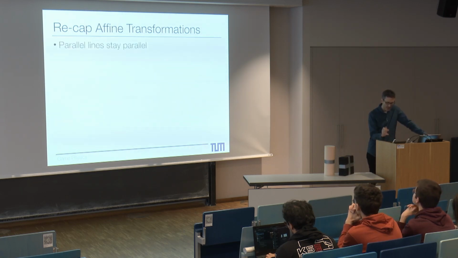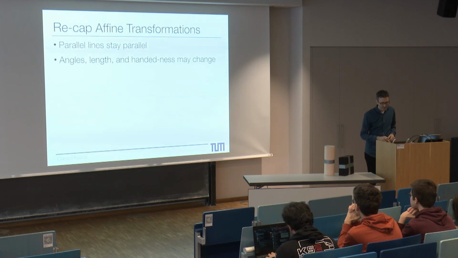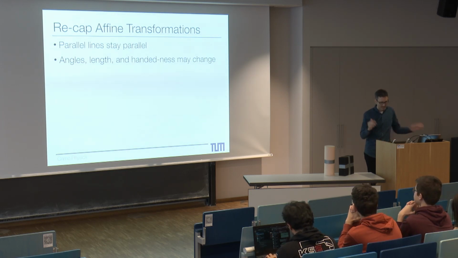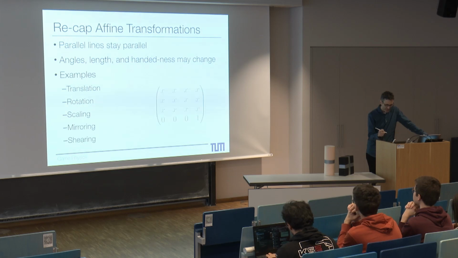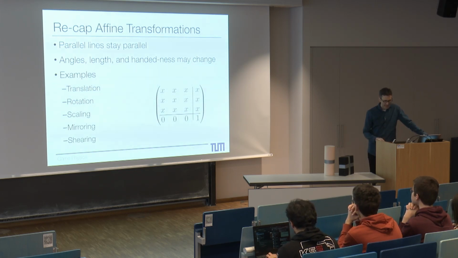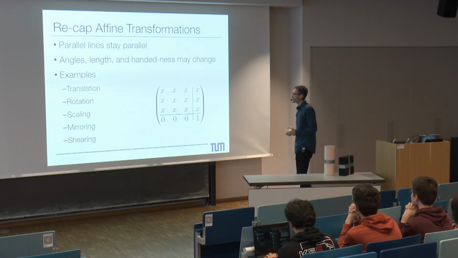These affine transformations have a few inherent properties. Right, so, for example, that parallel lines stay parallel. A couple of things can change, angles and length, and, for example, this handedness of a coordinate system. But you can do quite a few different things with it, and this is typically how these affine transformations are expressed.